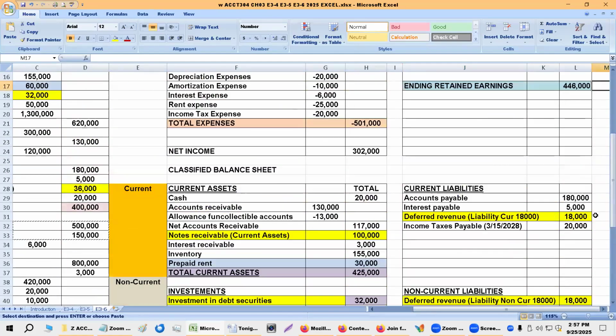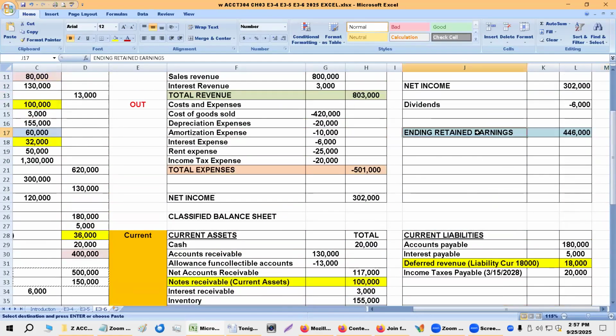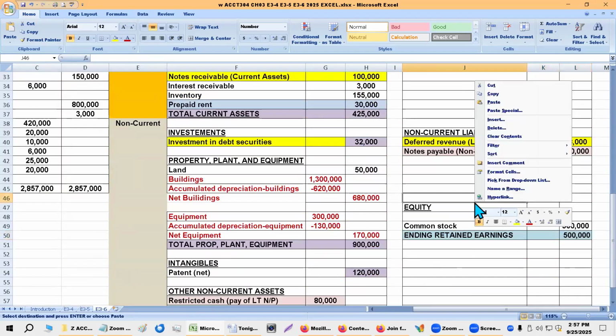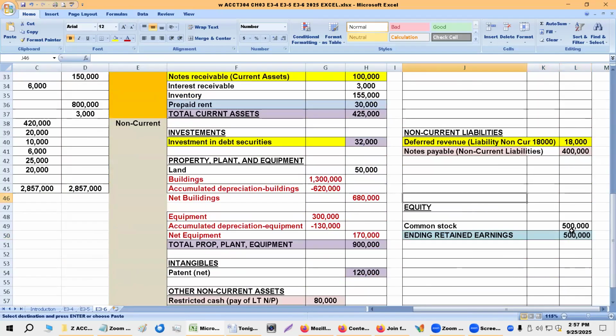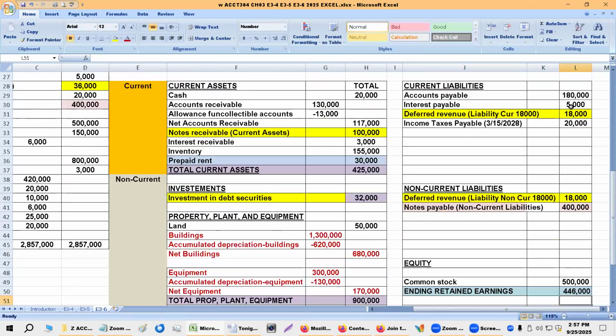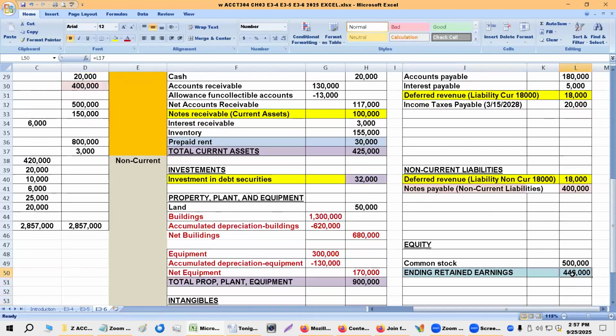Would you have to put the ending retained earnings in instead of just the regular retained? Yep. Very good. That did not work. Let's try that again. Okay, much better.